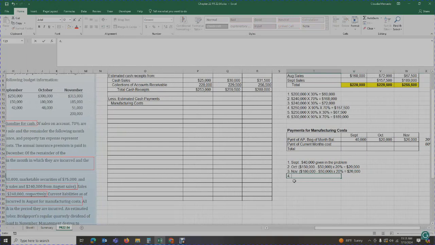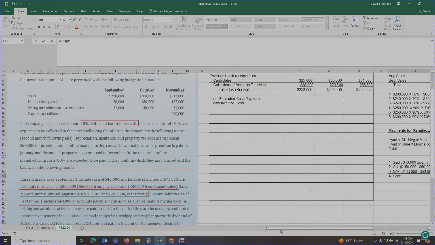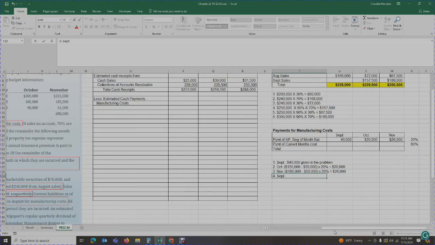So let's do our next calculation, for September. In September, we had manufacturing cost of 150,000. And remember, we have to deduct that overhead of 50,000.